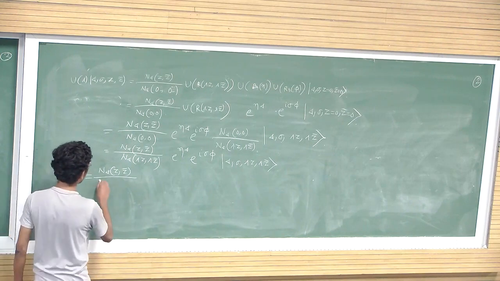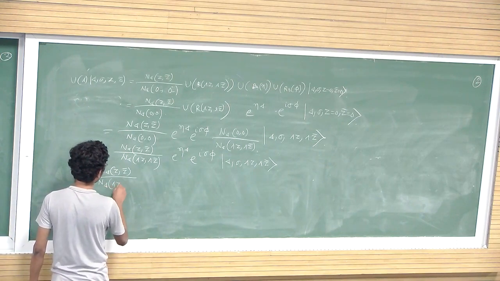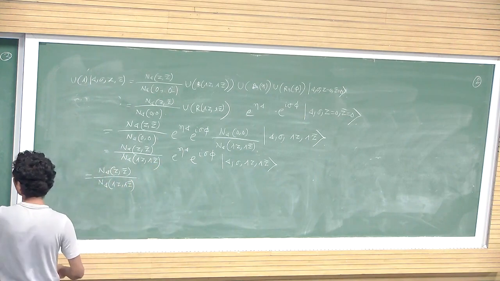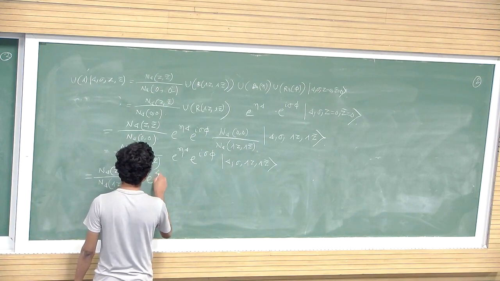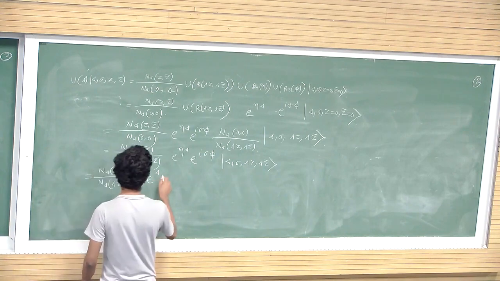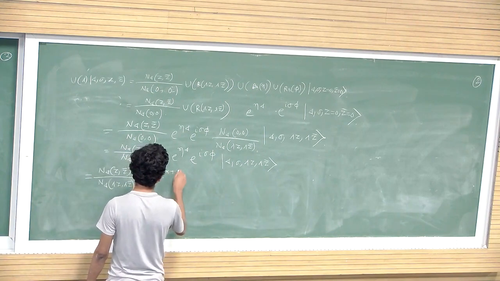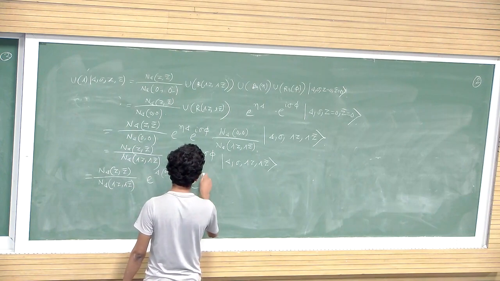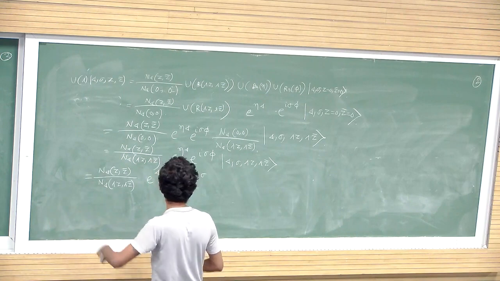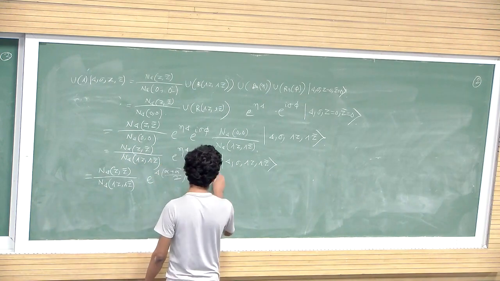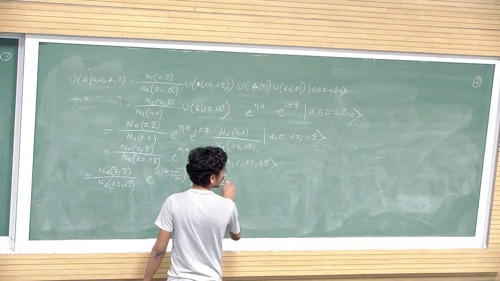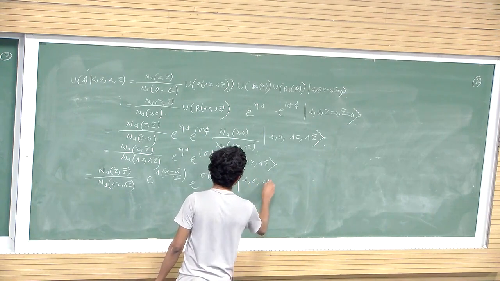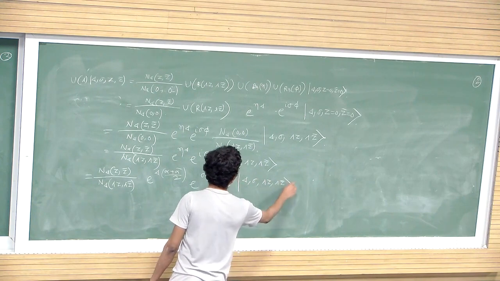Okay, so this is like n delta. And this e to the power eta is now like alpha plus alpha bar by 2. So you will get e to the power delta into alpha plus alpha bar by 2, and e to the power i sigma, and phi is like minus i, so this i will cancel, so it is like alpha minus alpha bar by 2, and that is like delta sigma lambda z bar.